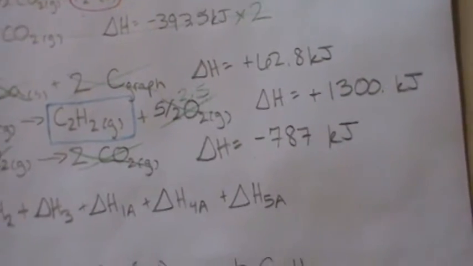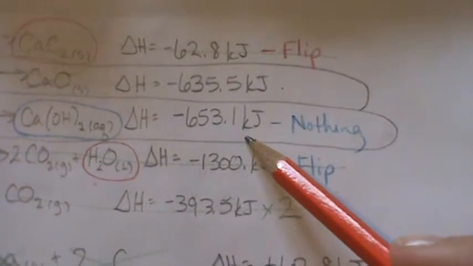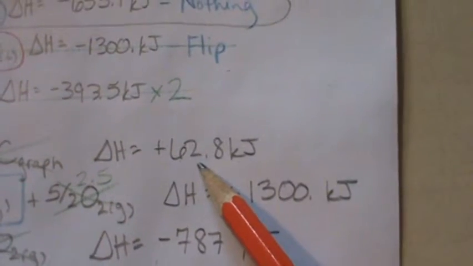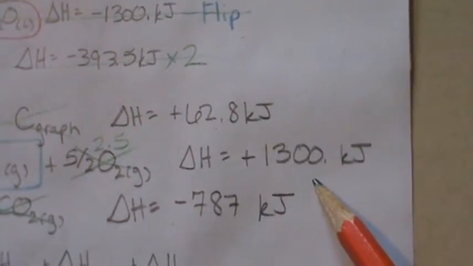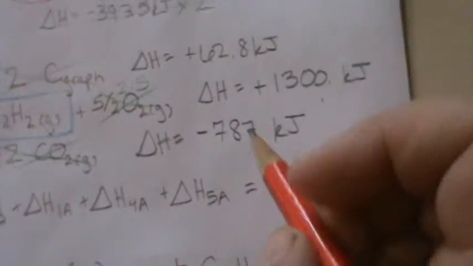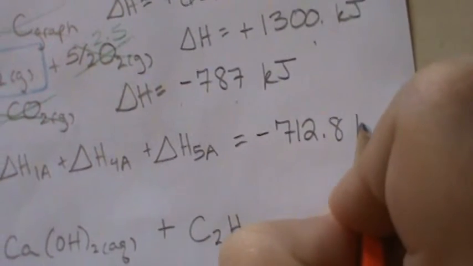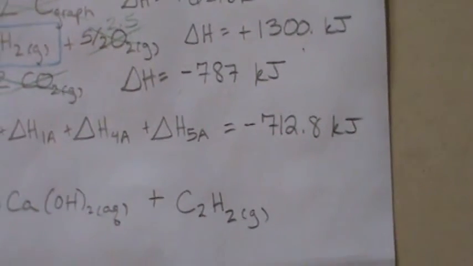Sorry about that, I probably should have just written them down. But when I take a negative 635.5 and add a negative 653.1 to it, and then a positive 62.8, a positive 1,300, and a negative 787, I get an overall delta H value of negative 712.8 kilojoules. And that was a long Hess's Law problem.